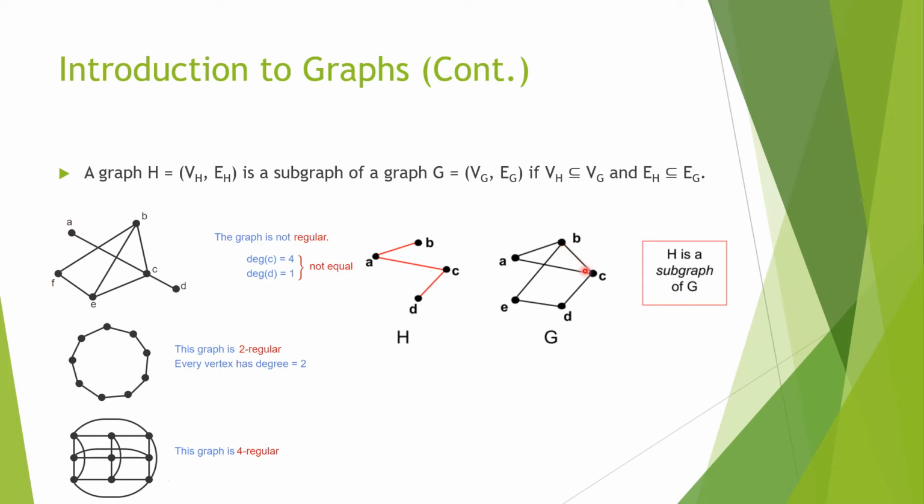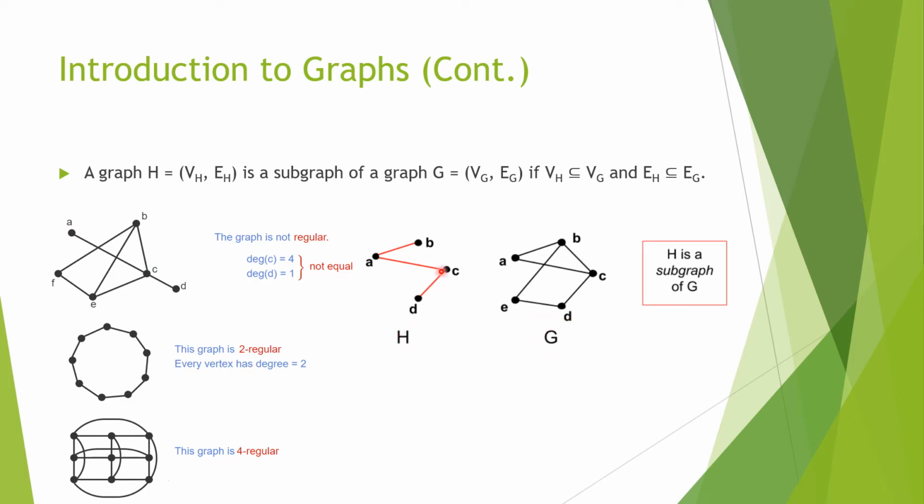and the edge B and C from this graph, you will get graph H as that you see in this figure. So graph H has a vertex set that is a subset of the vertex set of G, because H has only 4 vertices while G had all the 5 vertices.